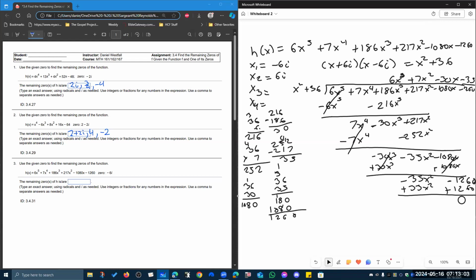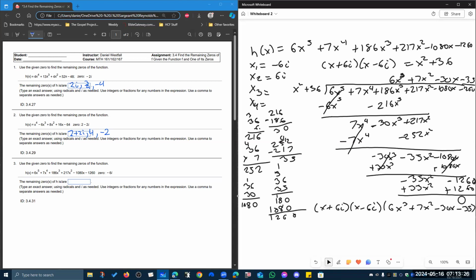So now we have x plus 6i, x minus 6i times 6x to the third plus 7x squared minus 30x minus 35.